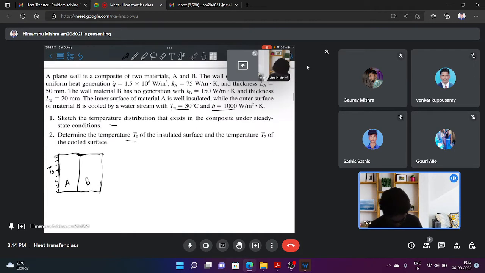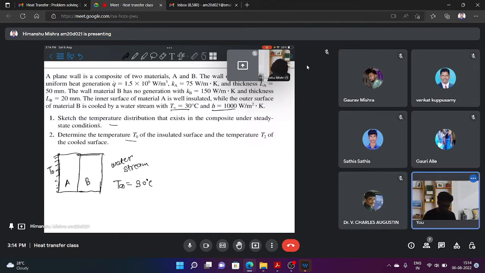And at the outer surface of material B I have a water stream having the temperature T infinity of 30 degrees Celsius. So first we need to determine the temperature distribution from, let's say, point x naught to this x infinity.